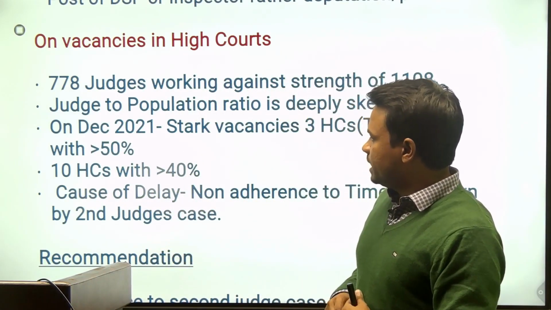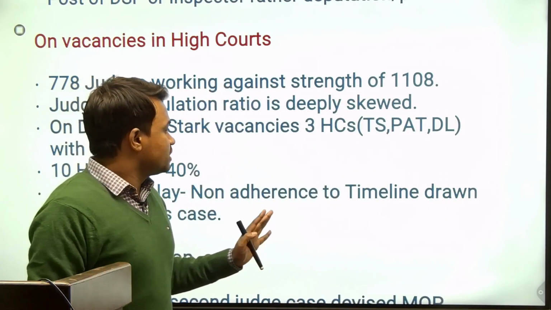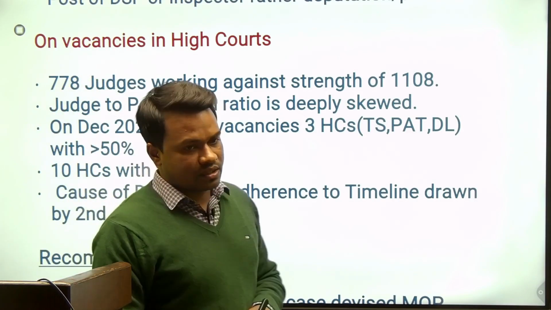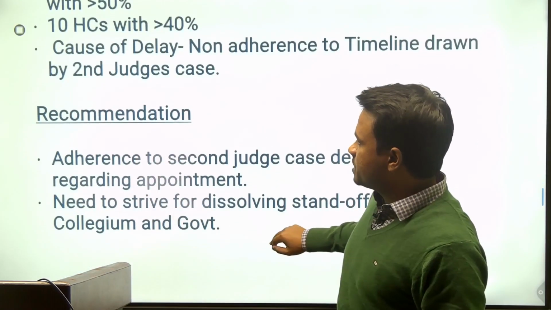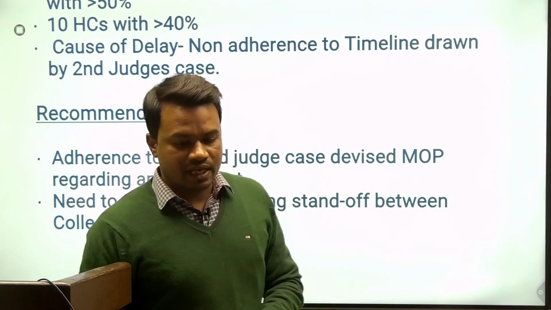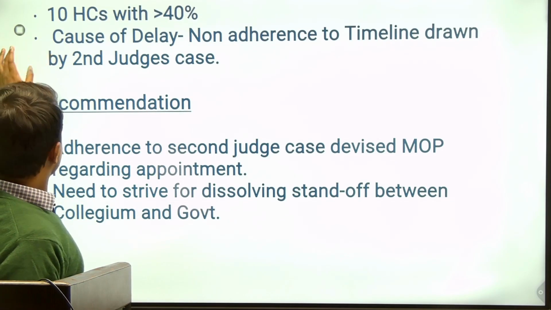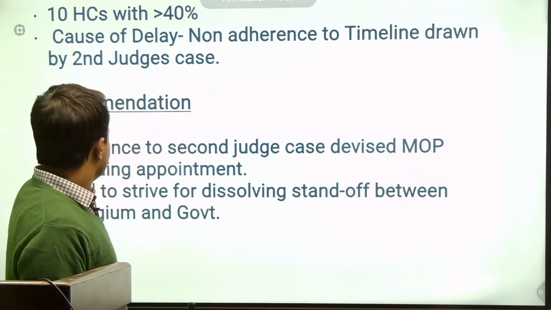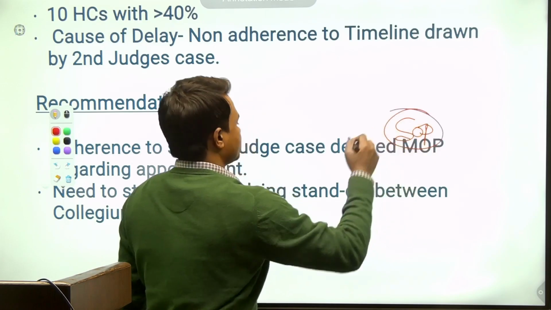The cause of delay, they highlighted, is the non-adherence to the timeline drawn by the Second Judges Case. So the Second Judges Case is important. Now what are the recommendations? They are of the view that there should be adherence to the Second Judges Case, which devised the memorandum of procedure, that is the SOP to be adopted.